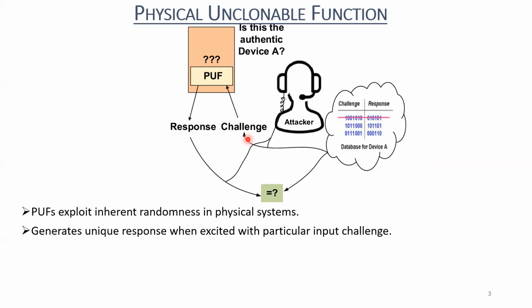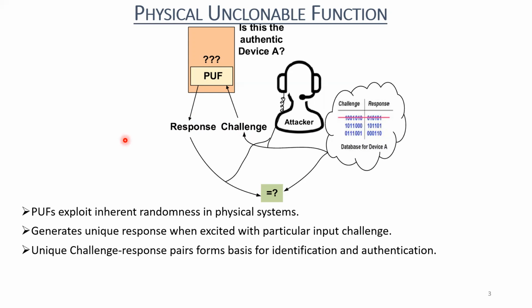When you poke it with a particular challenge, you get a particular response. That challenge response pair, also known as a CRP, forms the basis for data identification and authentication. Each PUF instance, when excited with a particular challenge, should give you a unique response. And if you have different PUF instances and apply the same challenge, they should give you different responses. That is how it works.